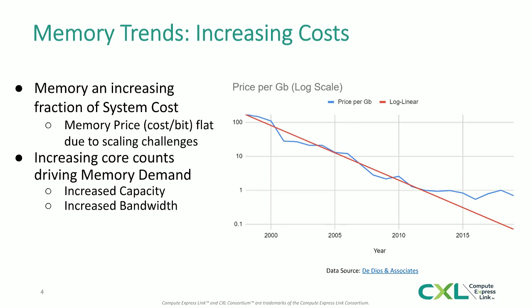And the demand for memory keeps increasing because the processor vendors increase the core counts to drive performance up. But the upshot of the memory costs staying flat and memory demand increasing is that system cost keeps scaling with the increased performance, and we end up with not so good performance per dollar.